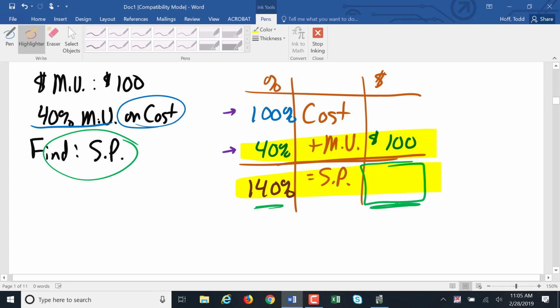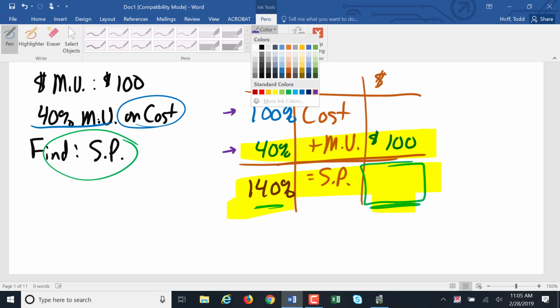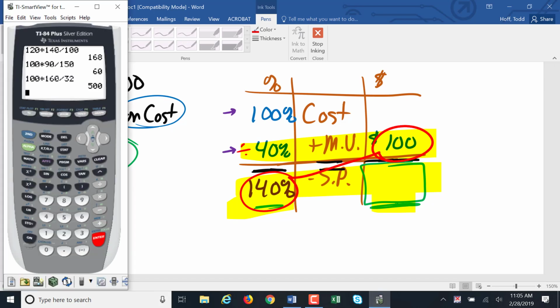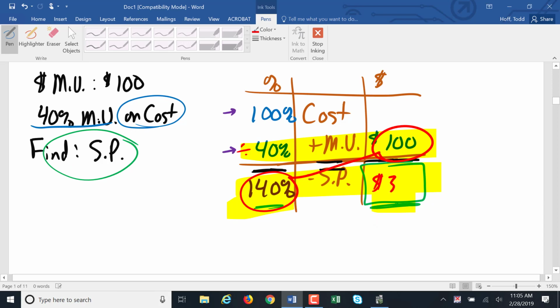Selling price is the row that has what we're looking for, the dollar selling price, and we do have that number on the other side. So there's our proportion right there in our table. And we will cross multiply and divide. 140 times 100 divided by the 40. Should give us $350 is our selling price.